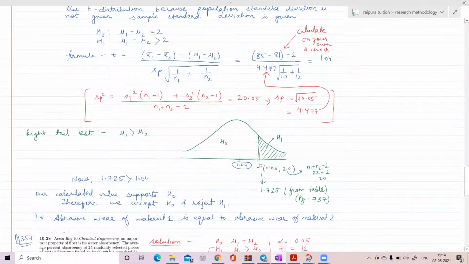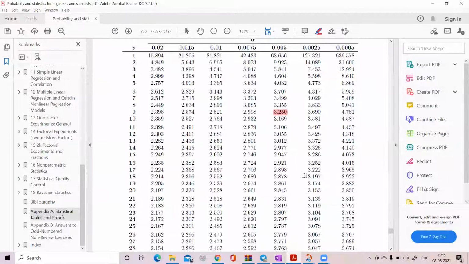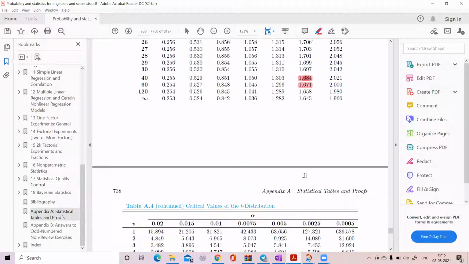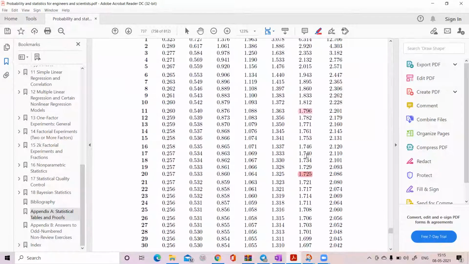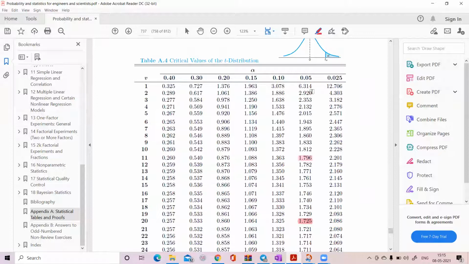And then we need to find the value of t corresponding to alpha and degrees of freedom 20. This we can find from the table given on page number 737. And this value came up to be 1.725. So on page number 737, corresponding to 20, we are finding the value against 0.05.